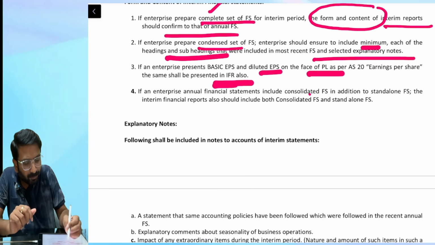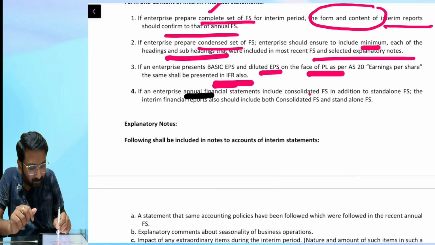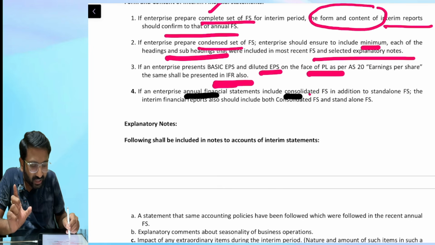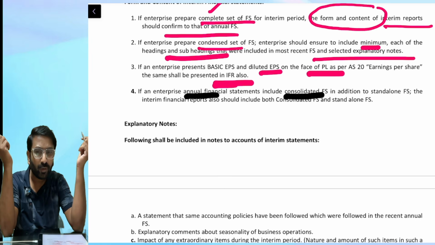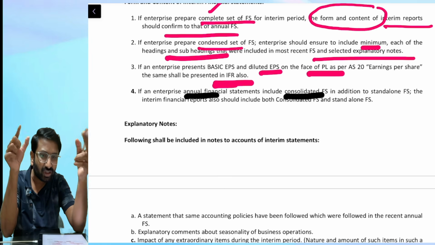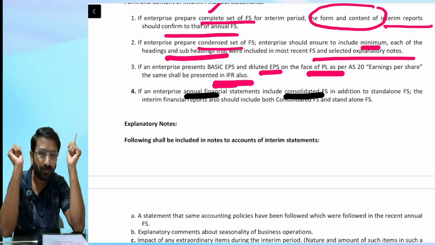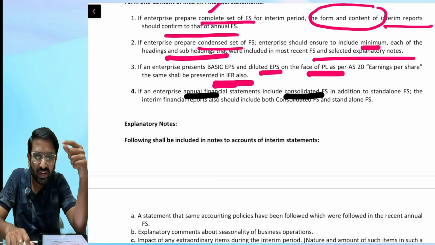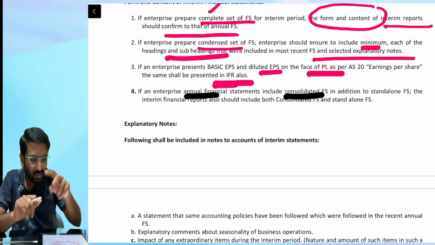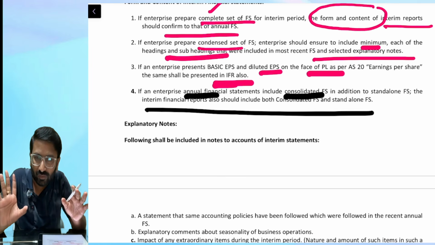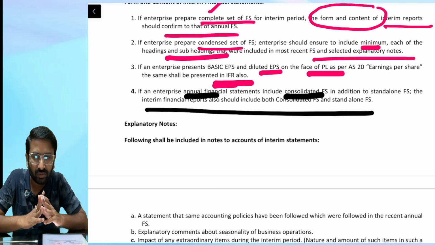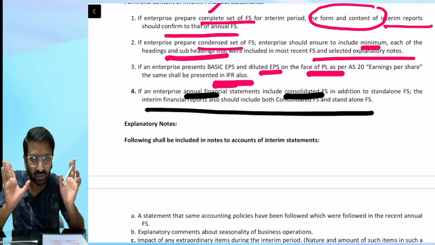Next. When you are preparing annual financial statement, if you are doing consolidation, let's say you have a holding company and subsidiary company relation, you have to prepare consolidated balance sheet and consolidated P&L. So if you are doing consolidation for annual financial statement, then you should do consolidation even for interim financial statement. So these are the 4 points to be kept in mind with respect to the form and content of IFR.